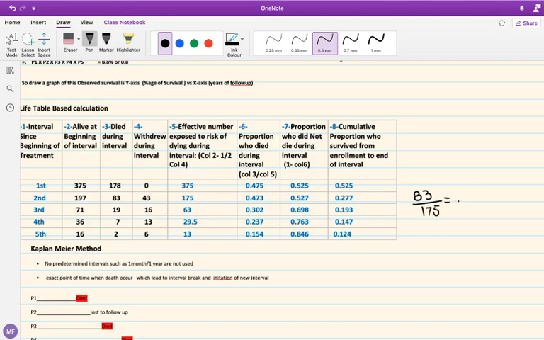When we do this, we get a proportion, and the proportion value is 0.47.